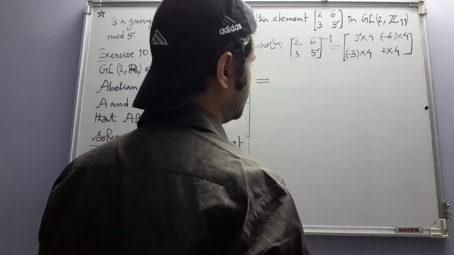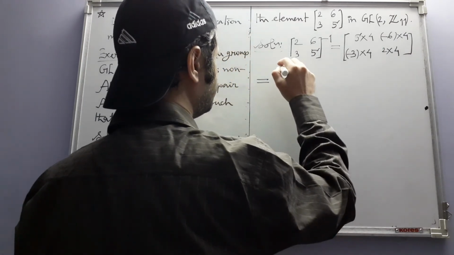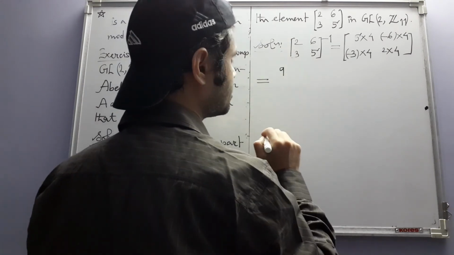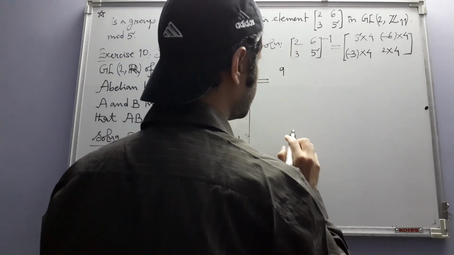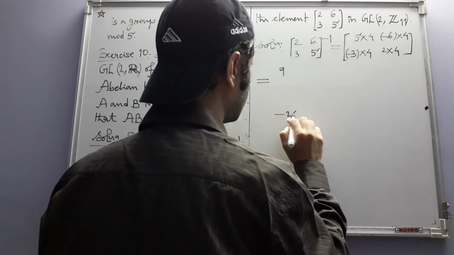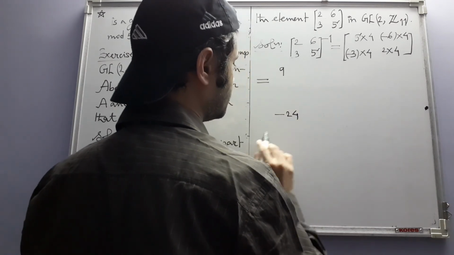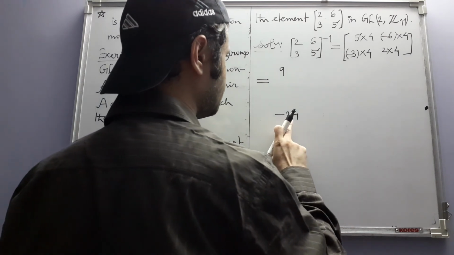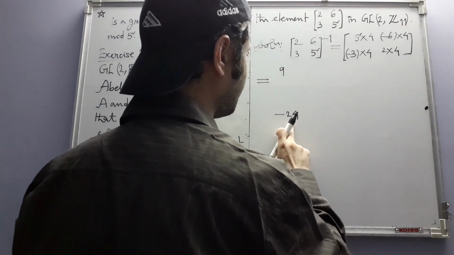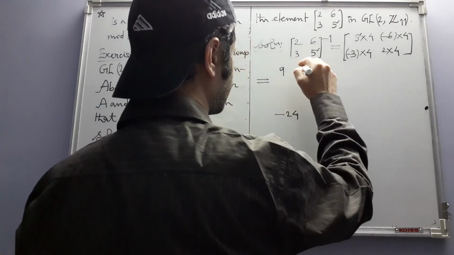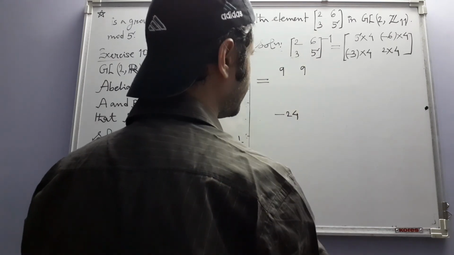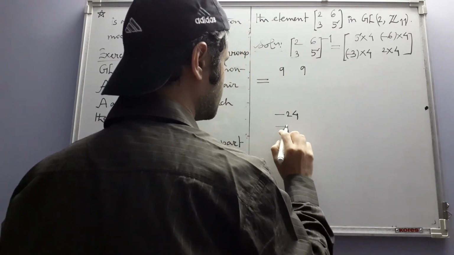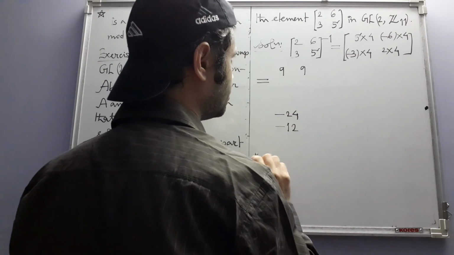So this is 20, that means 9. This is minus 24, from which minus 22 will vanish. We will be left with minus 2. So that is again equal to 9. Then this one is minus 12.